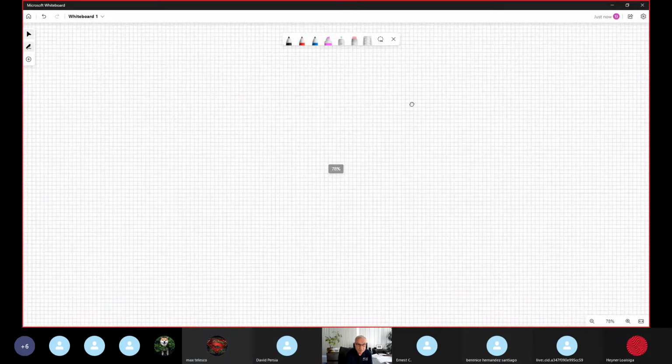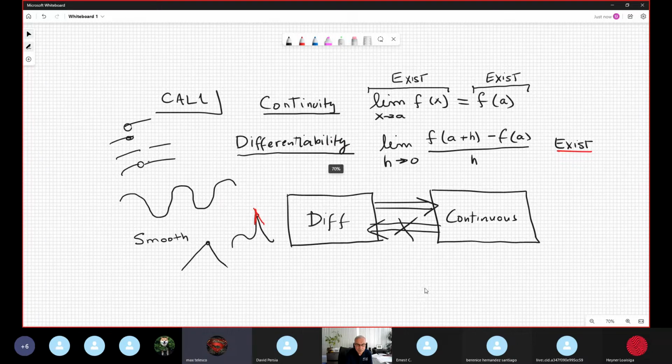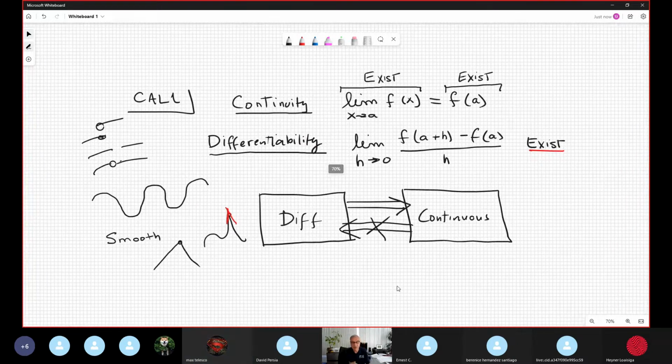Professor? So if it's differentiable, then it's guaranteed continuous, is what you said? Absolutely, 100%. But I thought the sharp curves, like meeting up, I thought that's not differentiable. Exactly. Wouldn't it still be continuous? Okay. This graph is continuous, yes or no?